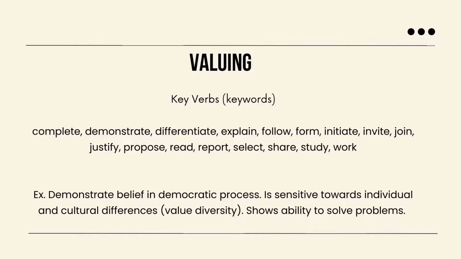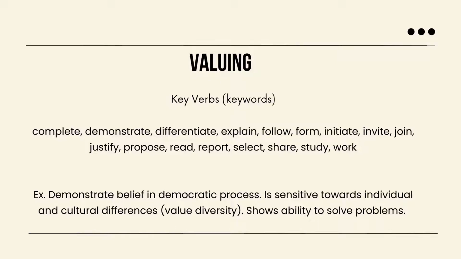The third level is valuing. On this level, the learners are required to behave in a certain way frequently, are motivated to invest, and begin to identify with a behavior and commit to it. For example, demonstrates belief in the democratic process, is sensitive towards individual and cultural differences, or values diversity, or shows ability to solve problems.